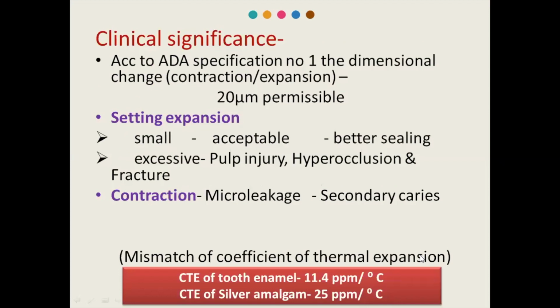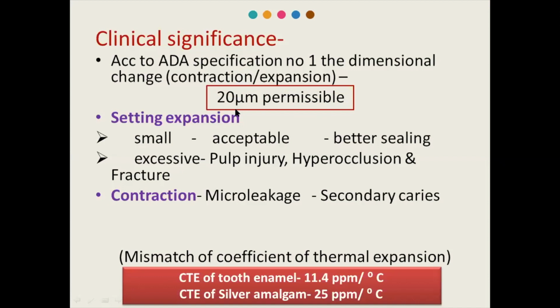Now the clinical significance of dimensional change. According to ADA specification number 1, a dimensional change, either contraction or expansion, of 20 microns is permissible. We have seen that in delayed expansion, it is around 400 microns.